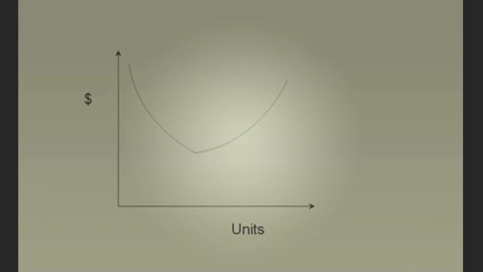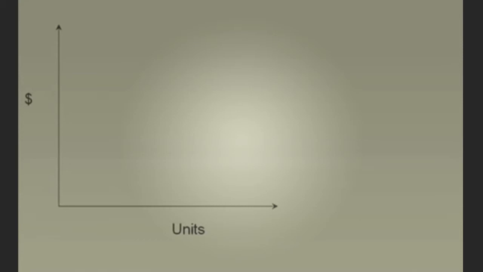Let's go through the graph one more time. Marginal revenue looks like this. As I told you before, it decreases. That's marginal revenue. Marginal cost, after a certain point, looks like this. As I told you, it increases.